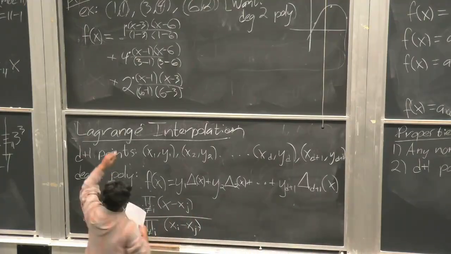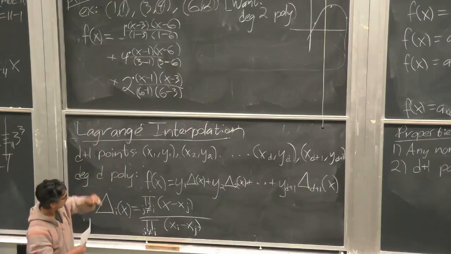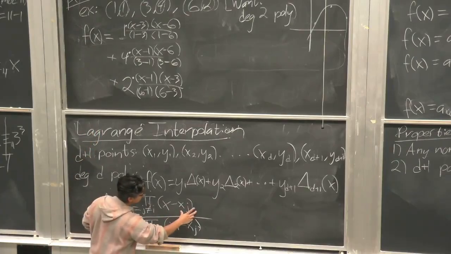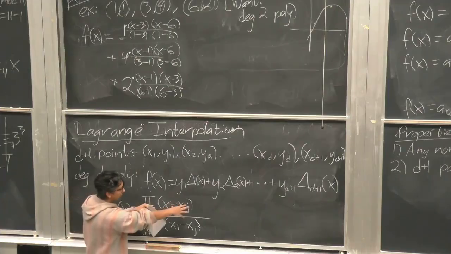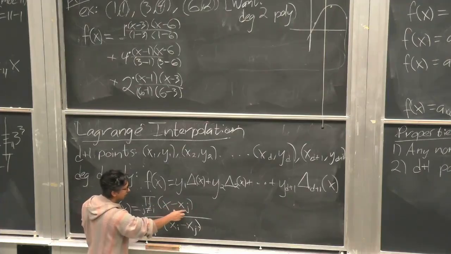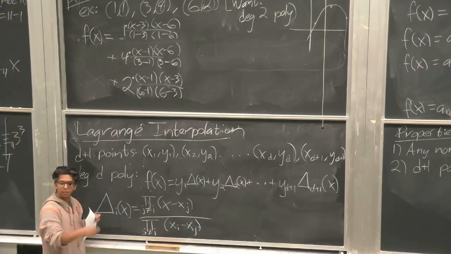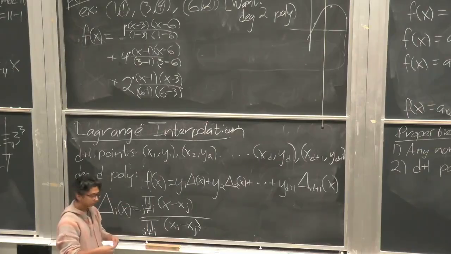But really, all it's doing is what we did up there, right? We're taking the product of all the things so that if I plug in some xj that's not i, then what happens to this whole product is xj minus xj, it all goes away. This is the radio button that turns off and on.